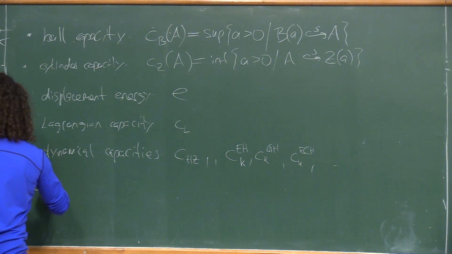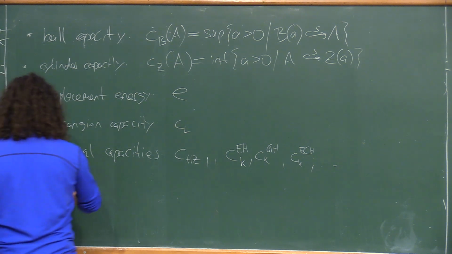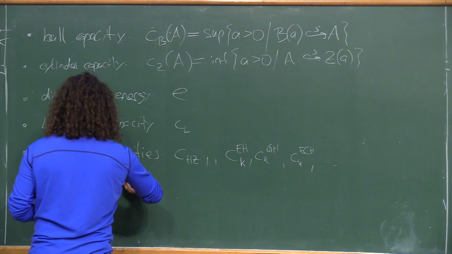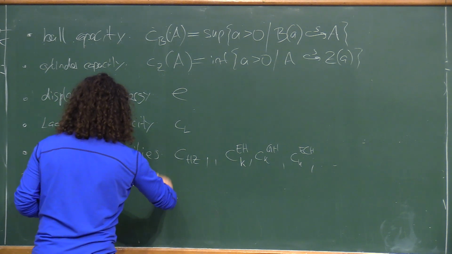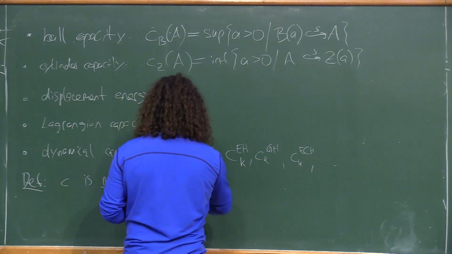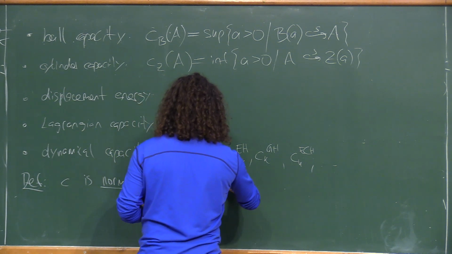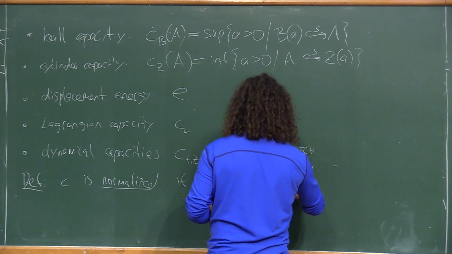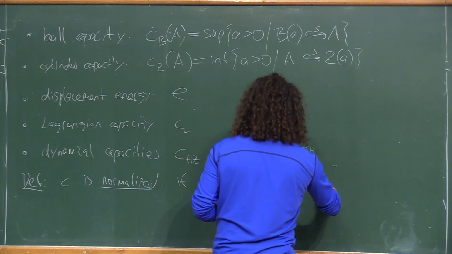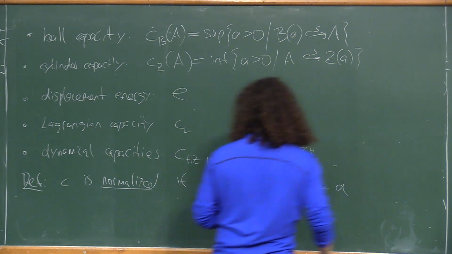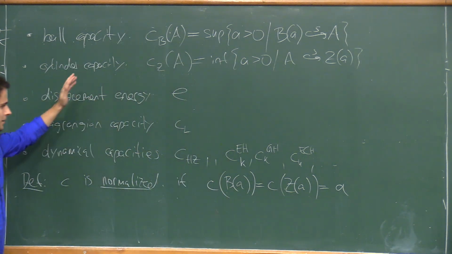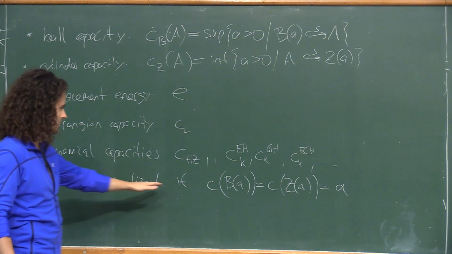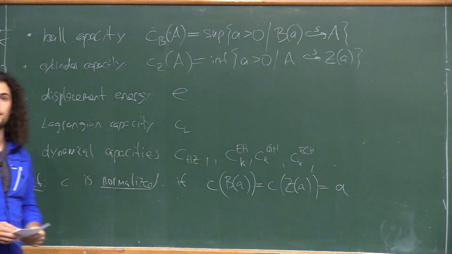Sometimes one wants to normalize a capacity, and for me, a capacity C is called normalized if the value on the ball of width a is equal to the value on the cylinder of width a, and it's also equal to a. Not all of these capacities are normalized, but many of them are. So there's still a long list of these normalized capacities with very different definitions.